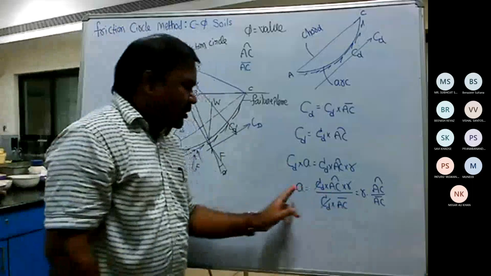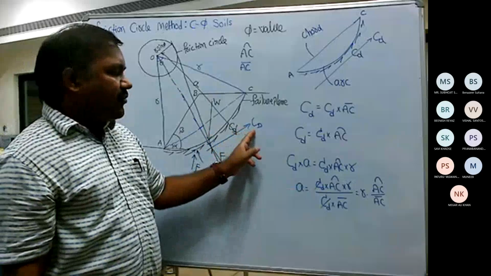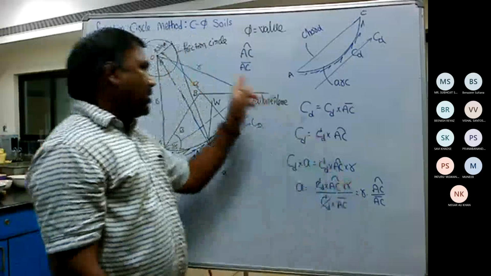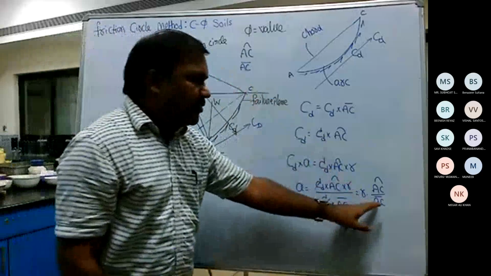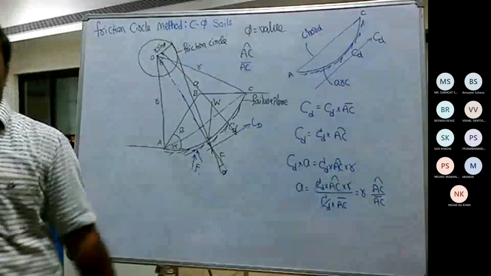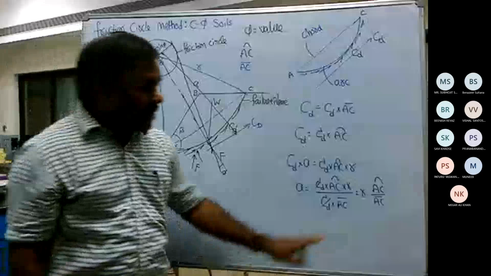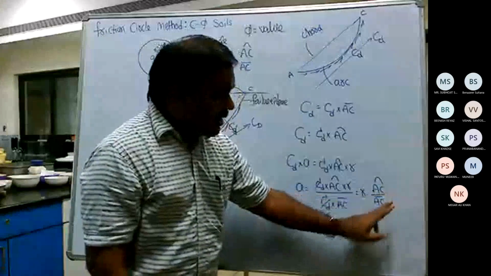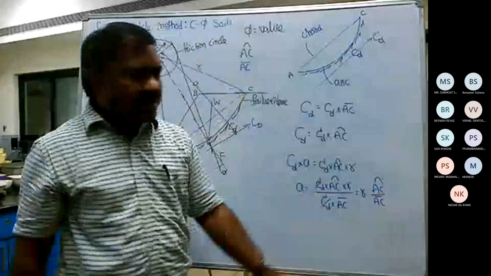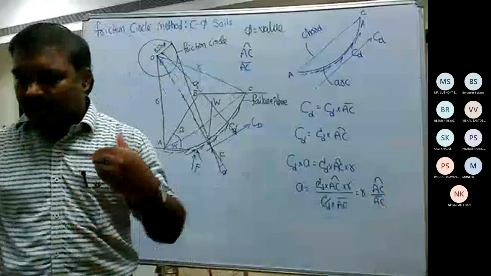So A, the lever arm distance for the resultant of capital CD, is a function of the radius of the slip circle as well as the length of the arc divided by the length of the chord. If you examine closely, the arc length is always greater than the chord length. That means the ratio of arc length by chord length is always greater than unity.